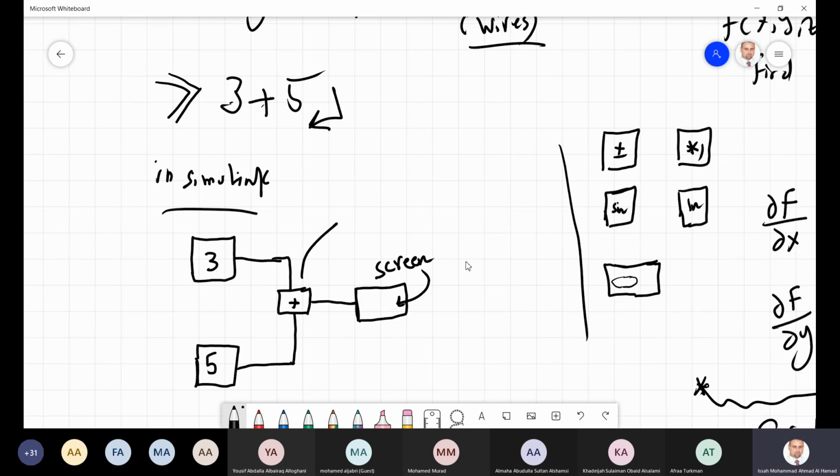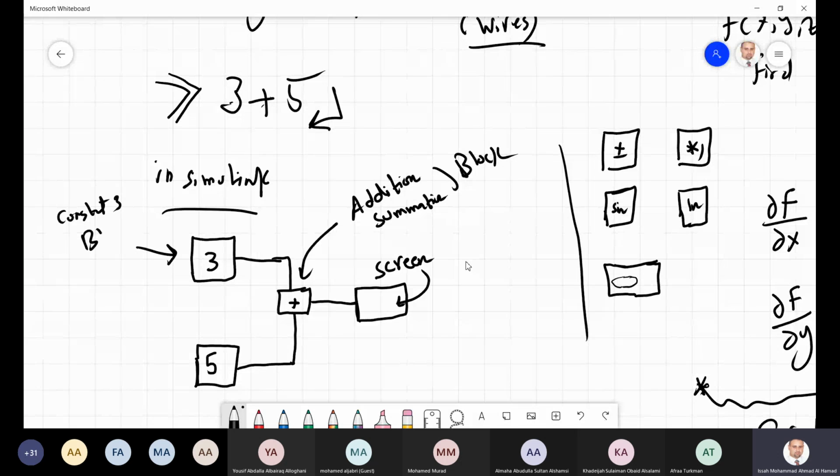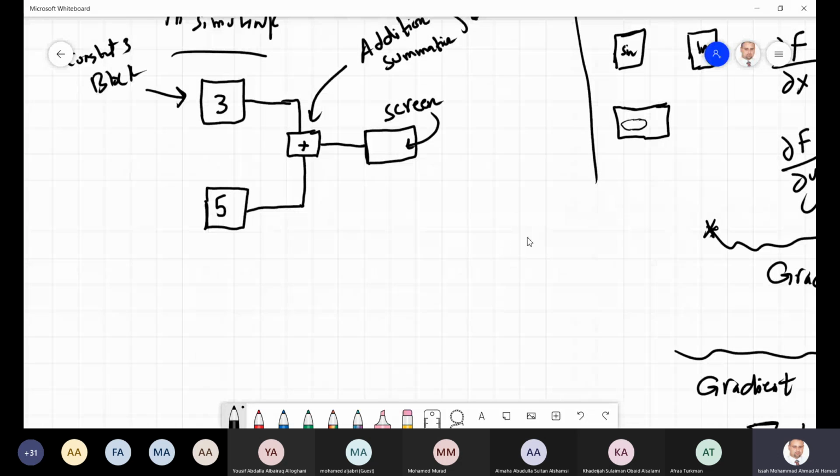Okay, for example, this is addition or summation block. And this is constant 3 block. And so on.